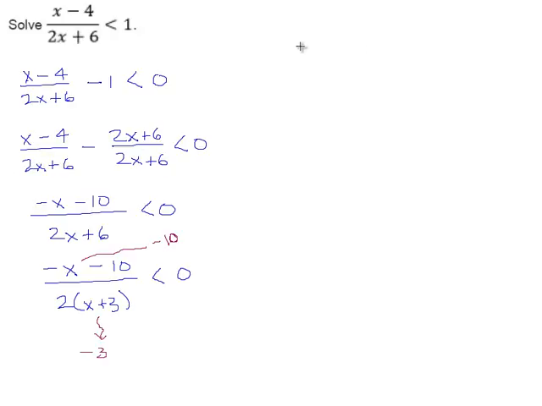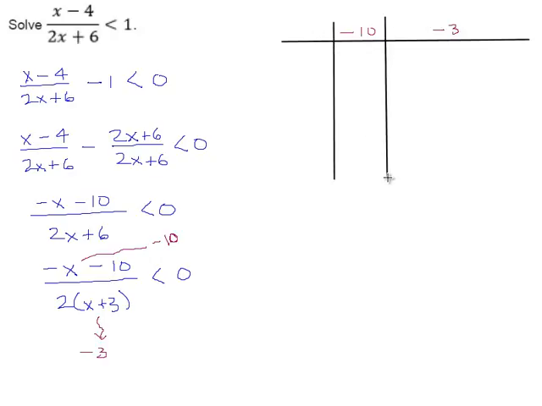We put those on a number line, and then we'll see what they do to the behavior of our inequality. So minus 10, minus 3. We're going to look exactly at those values, and we're going to look between them. There we go.